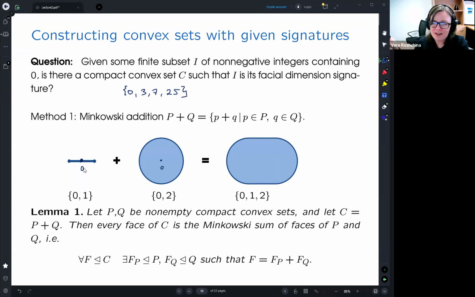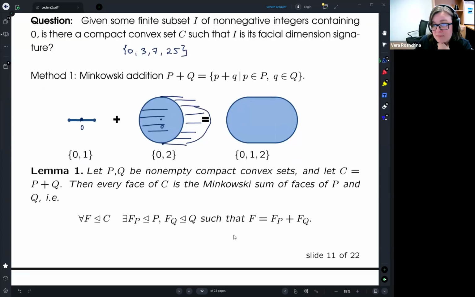So effectively, I take all points from one of the sets and I add them to all points in the other set. And what I can say about the Minkowski sum is that every face of the sum can be represented as the sum of some faces of the 2 original sets.